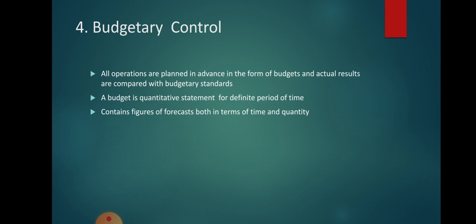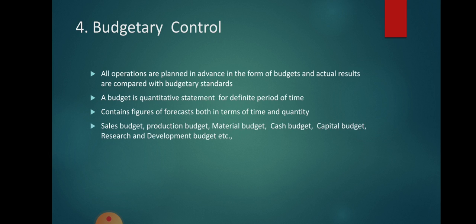So in this 1 month period, we are going to produce 2000 units. So 2000 units is the quantity. The figures contain time as well as quantity.